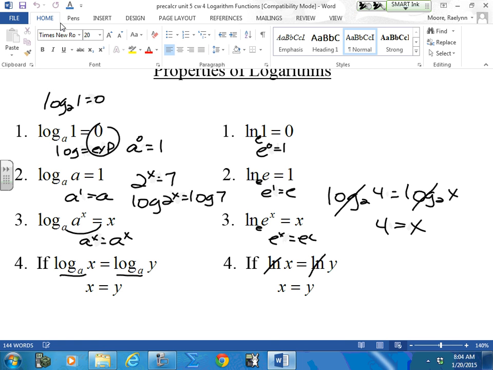You can take them away from both sides. You can put them on both, you can take them away. Now, you can use an ln for any base, but you must use an ln for base e. So in a lot of the books, the college books, they will just really only use ln. Because if you can use ln for anything, it just kind of pays to use it all the time. Plus, it probably looks a little bit neater looking to write ln rather than log.